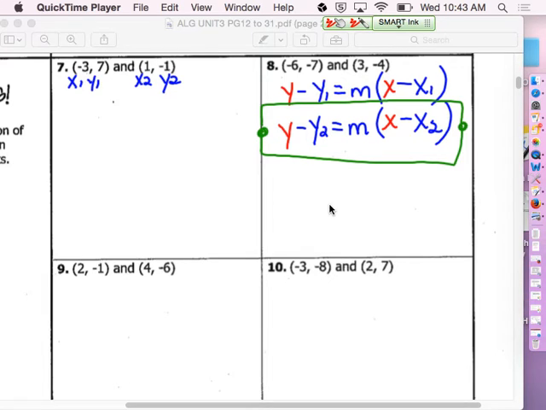So here's my red y, and I'm going to replace the y sub 2, I'm going to use negative 1. We decided that the slope was negative 2. So that's making all of my substitutions, and I'm going to clean this up now.